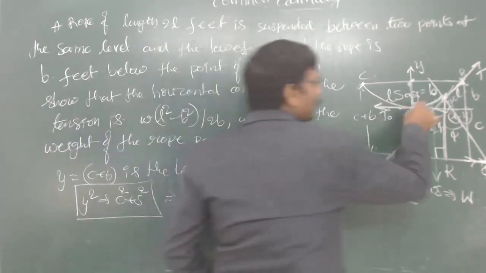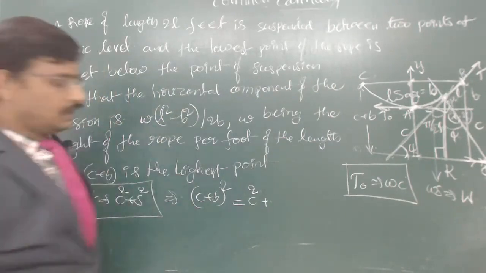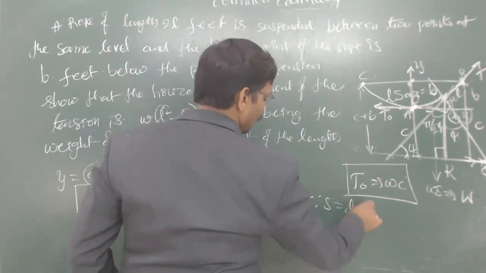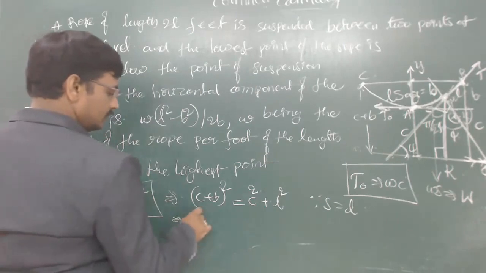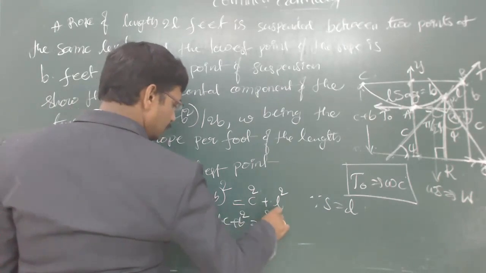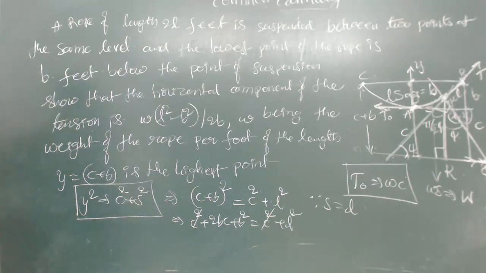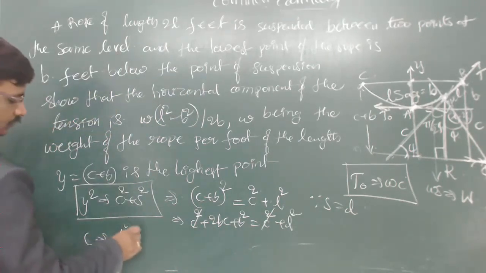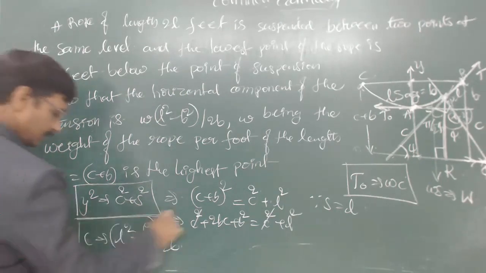S is the length from here to here, which was given as L. So S is equal to L. Simplifying, C square plus 2BC plus B square is equal to C square plus L square, the C square cancels out, and C is equal to (L square minus B square) divided by 2B.